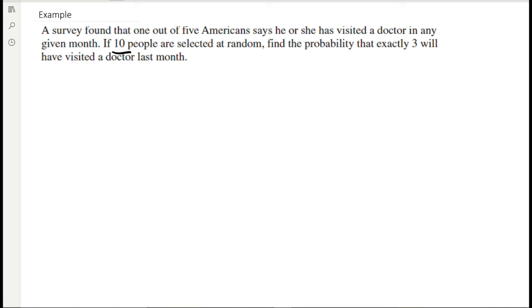If we have 10 people, that means we can think of it as 10 trials, so n is equal to 10 here. It says that 1 out of 5 Americans has visited a doctor in any given month, so we're going to say that having visited a doctor is considered a success.